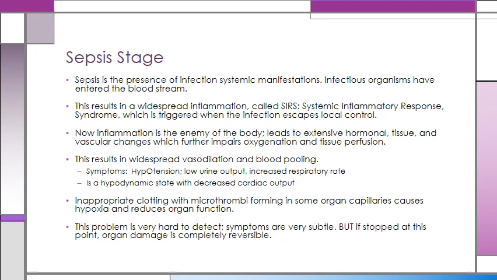It's a hypodynamic state with a decrease in cardiac output. In the sepsis stage, inappropriate clotting with microthrombi form in some organ capillaries, which causes hypoxia and reduces organ function. This problem is very hard to detect. The symptoms are very subtle, but if stopped at this point, organ damage is completely reversible.